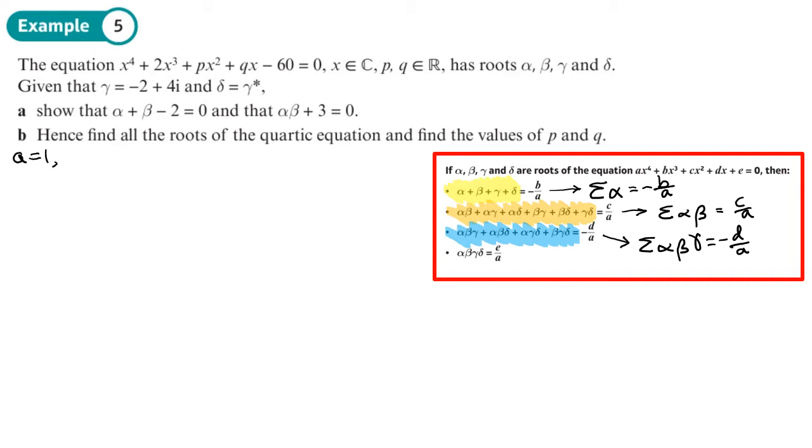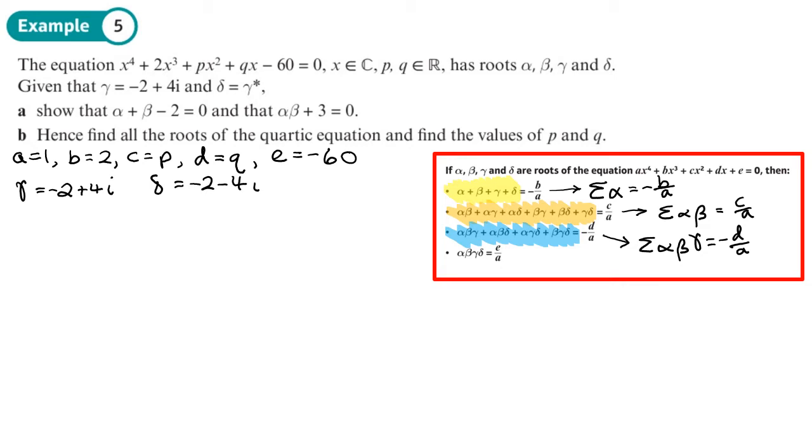A is 1, B is 2, C is P, D is Q, and E is negative 60. And we're going to write down the value of these two roots we know. So gamma is negative 2 plus 4i, and delta is its conjugate, so that's negative 2 minus 4i.